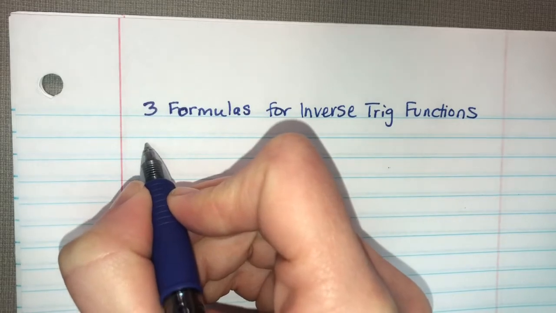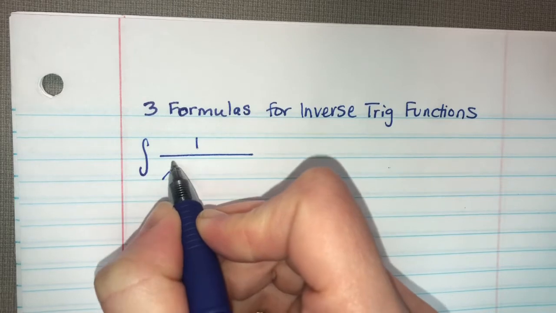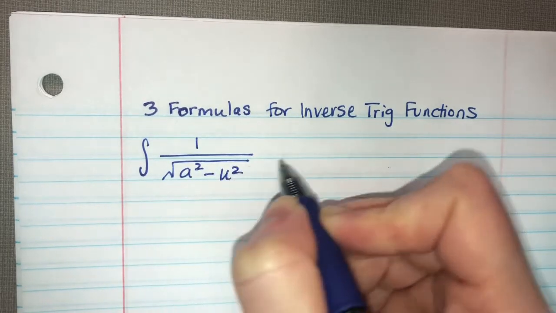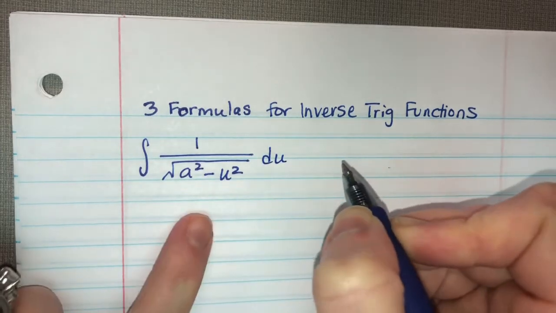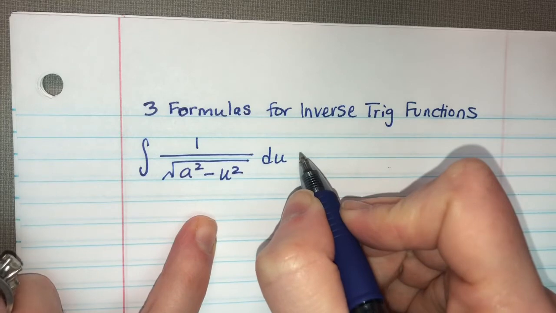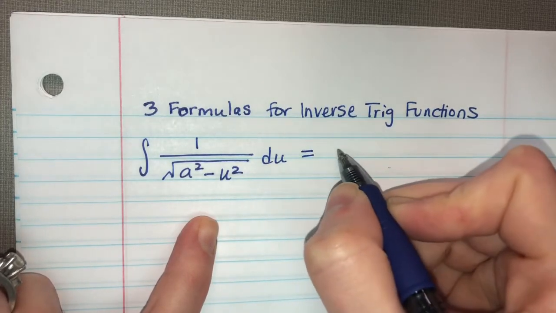The first one goes like this. The integral of 1 over the square root of a squared minus u squared du. This looks a whole lot like the inverse sine that we just used in our last example. And that one is actually a special case of this one.